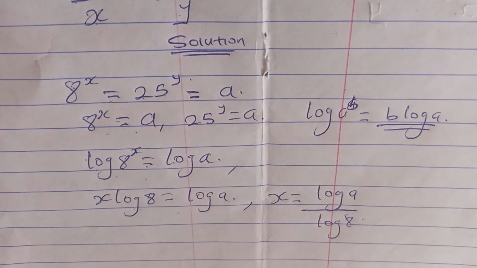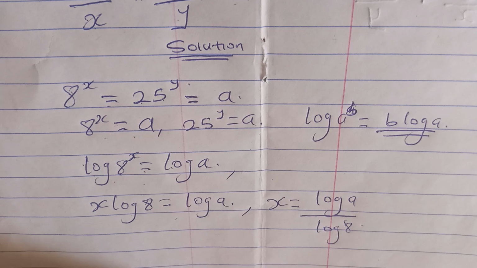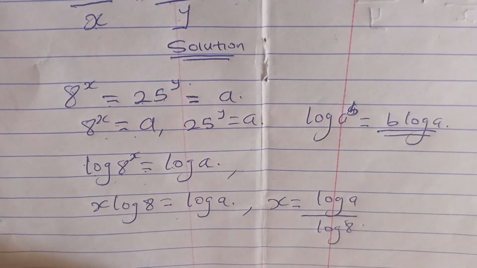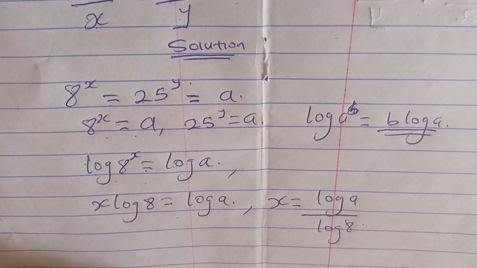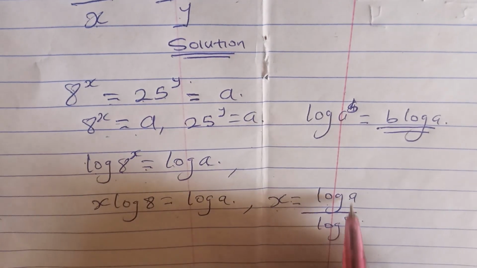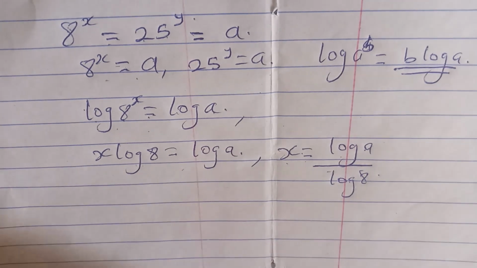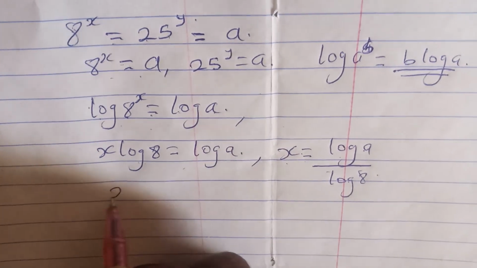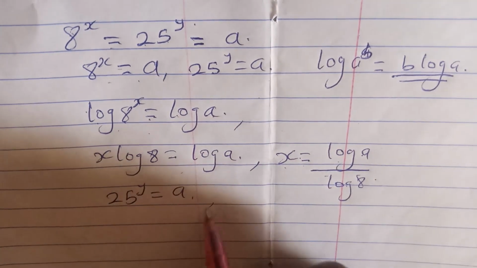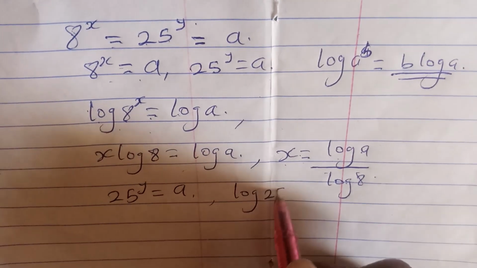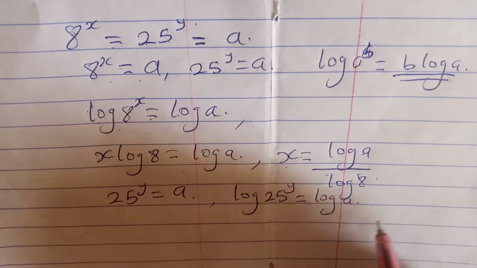So this is our value for x. Our x becomes log a over log 8. If we do the same thing for y, we can say 25 to the power of y is equal to a. So log of 25 to the power of y is equal to log a.